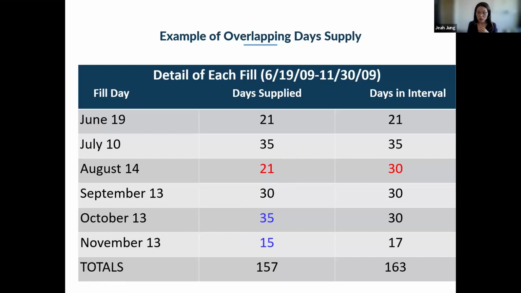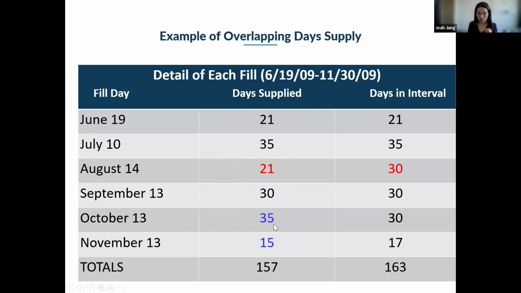Does it make sense? Because we are not really following fill by fill, anything that has overlapping or excess days of supply is actually used to fill the missing days or non-adherence for the earlier date. That's not good, right?